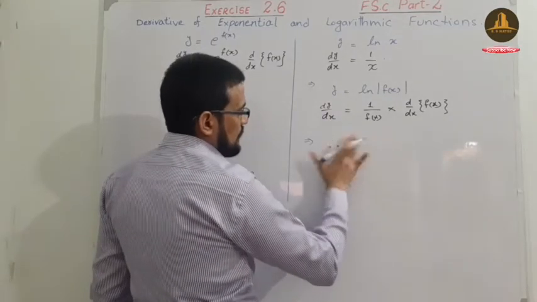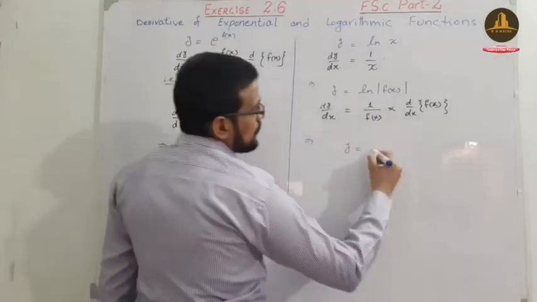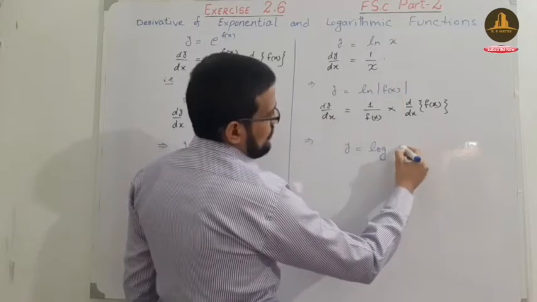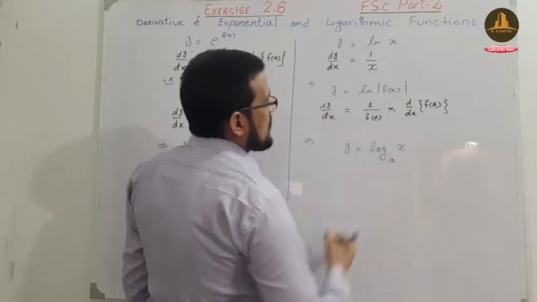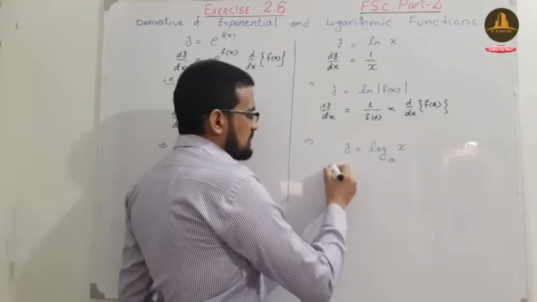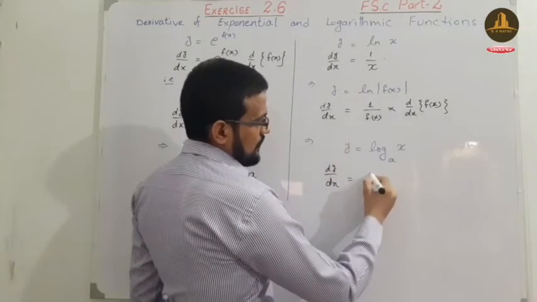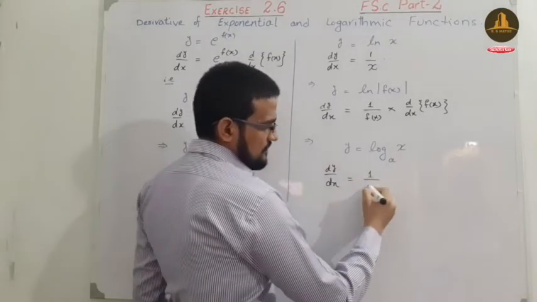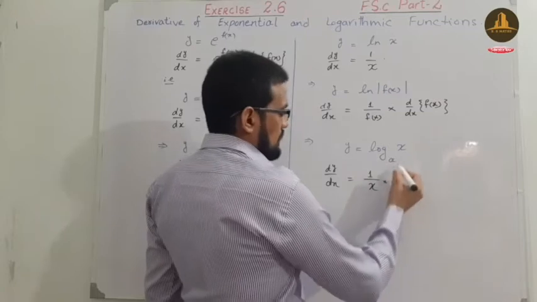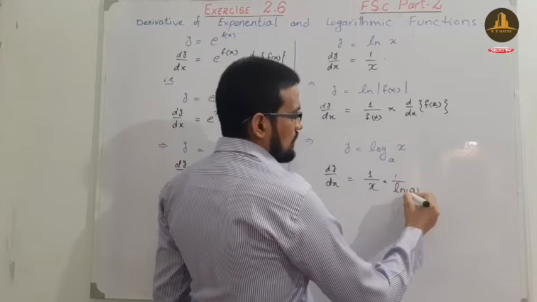If y is equal to log of x to base a, then dy over dx will be 1 over x multiply with 1 over ln of base.